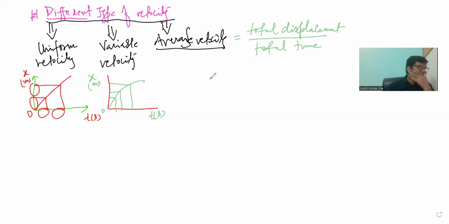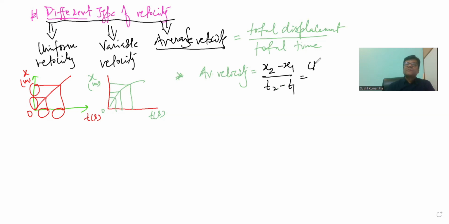Now we can see, if you want to formulate the average velocity, it can be change in displacement, which is x2 minus x1 divided by t2 minus t1.